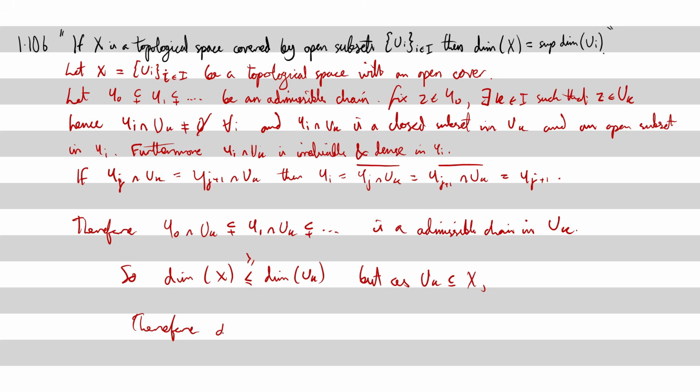Therefore, dim X equals dim UK, which again equals the supremum over I of dim UI. Thus we are done with 1.10b.